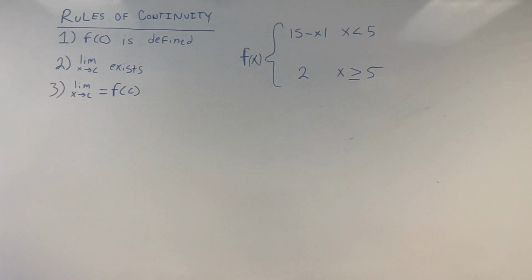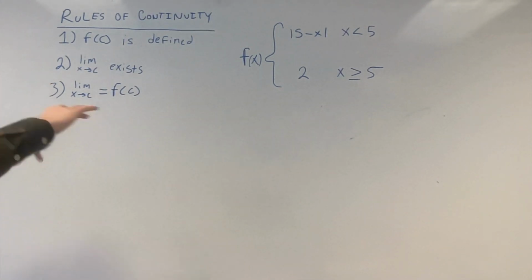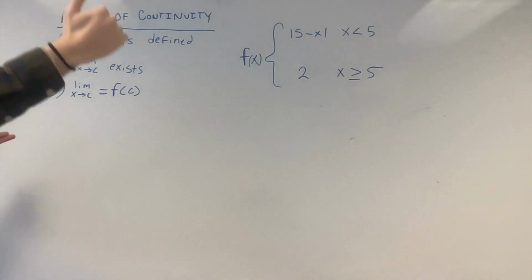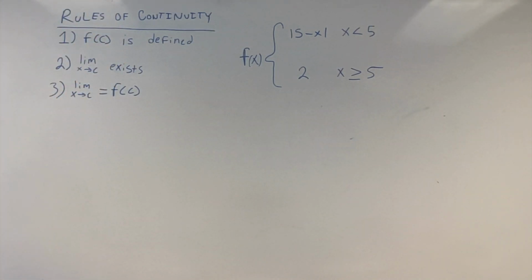If you get does not exist for a limit, you have some sort of discontinuity, usually jump discontinuity, meaning there's a jump in the graph and the limit does not approach the same value. Three is that the limit as x approaches c is equal to the function output value at the value you're approximating, right? Pretty simple. If you don't have that, you have what's called removable discontinuity, which we will see.